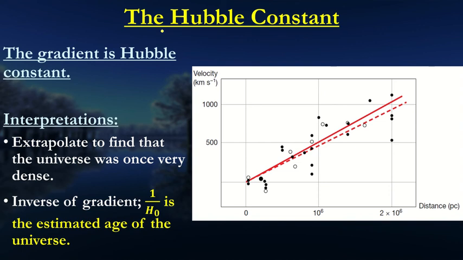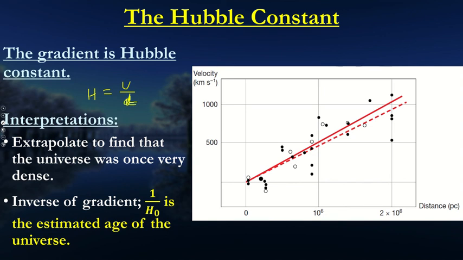If we have a look at the construction of Hubble's constant, we can see that if we graph velocity over distance, the gradient is the Hubble constant. So what we're seeing is the Hubble constant here.